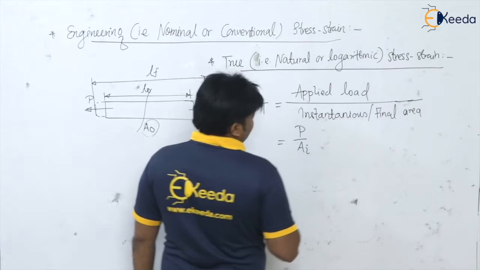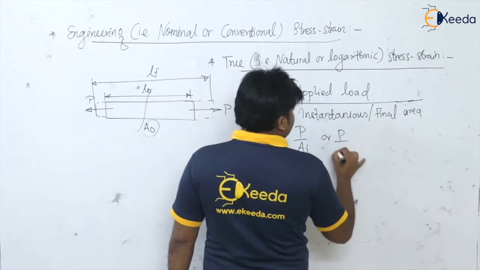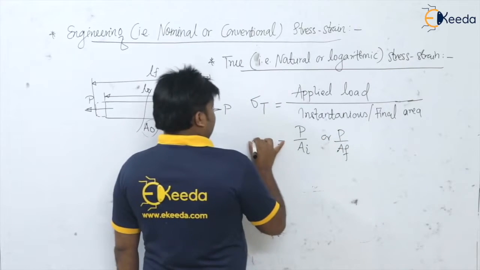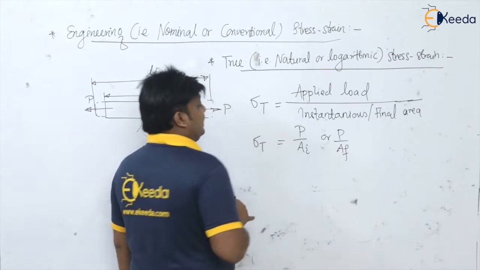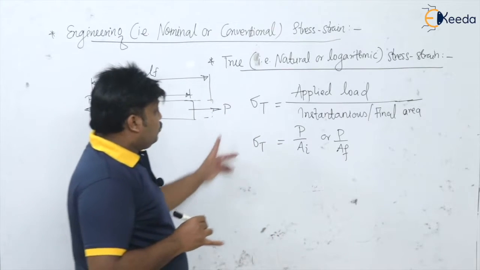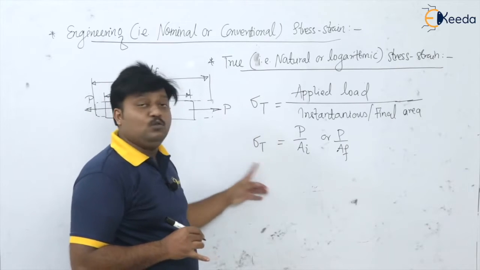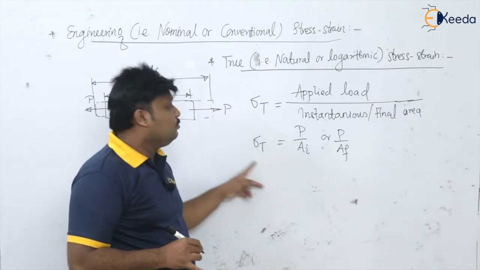So P divided by A, or P divided by AF, with this instantaneous area. This is the true stress.